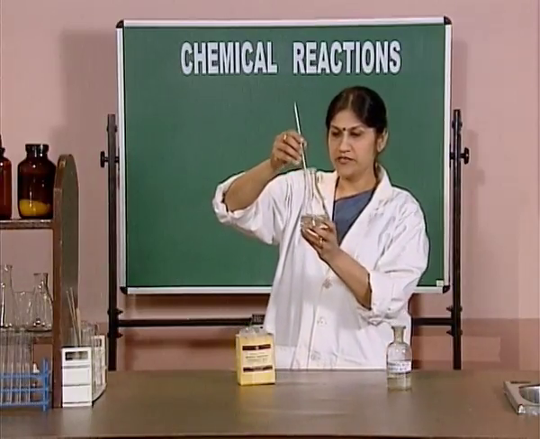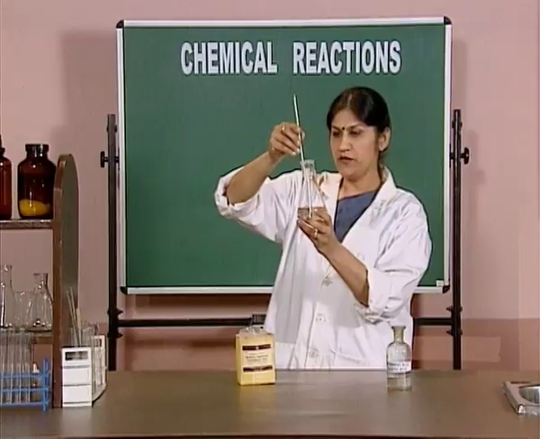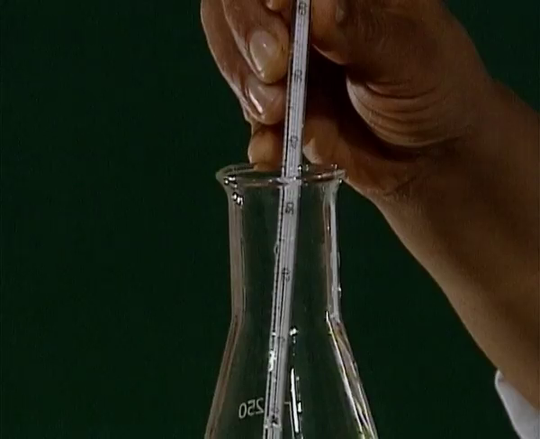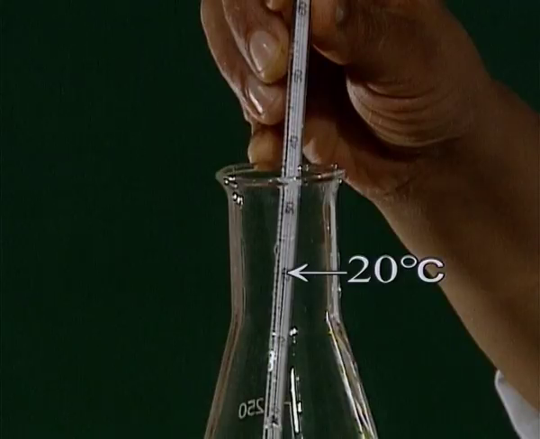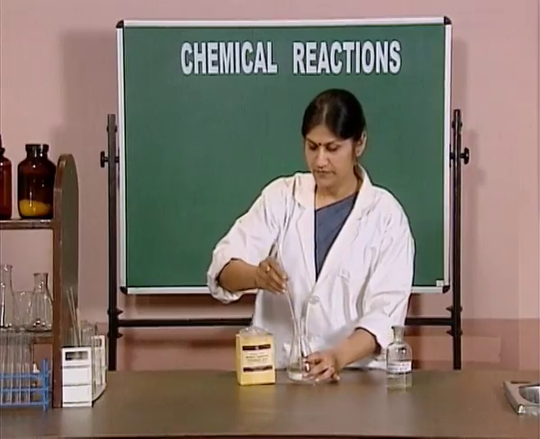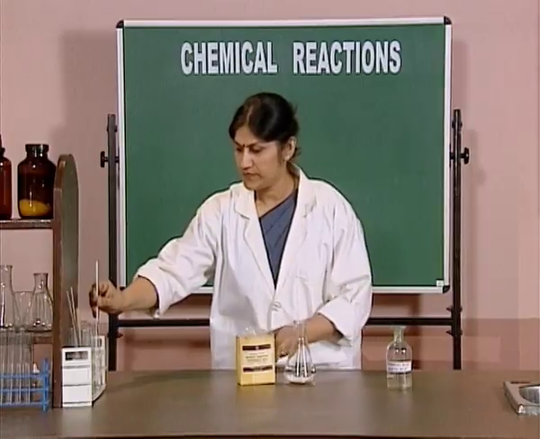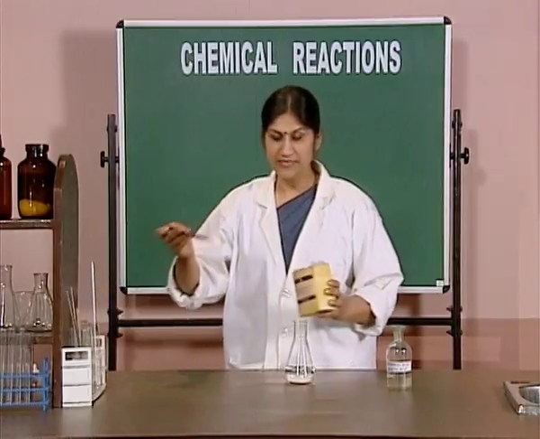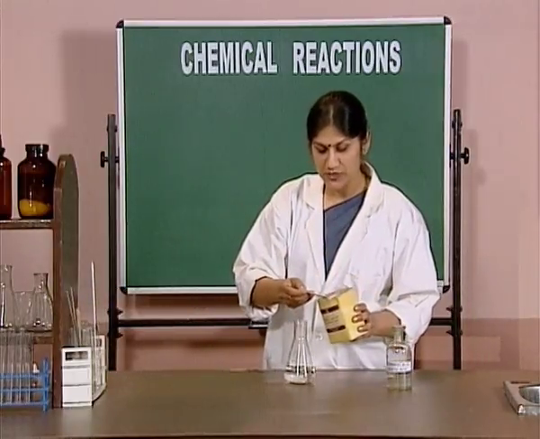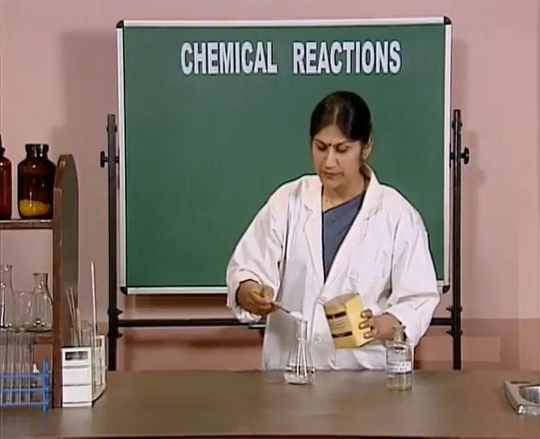Let's take the temperature, and the temperature of ethanoic acid is 20 degrees Celsius. Now let's see what happens when we add sodium carbonate, the washing soda.